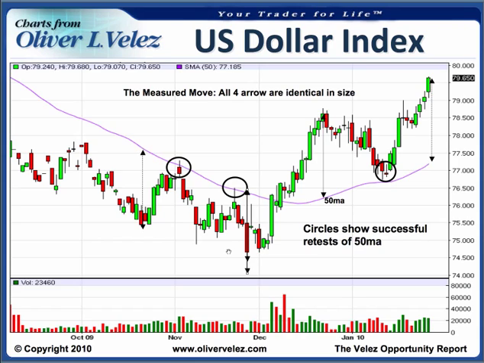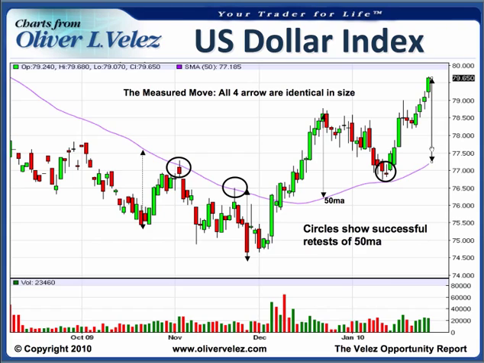All right, now, a little bit larger, of course, but I think you follow what I'm saying. There is a tendency for the spaces between your extreme moves to be close to identical. Look how perfect that one is.